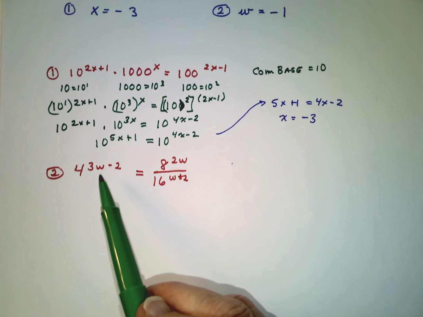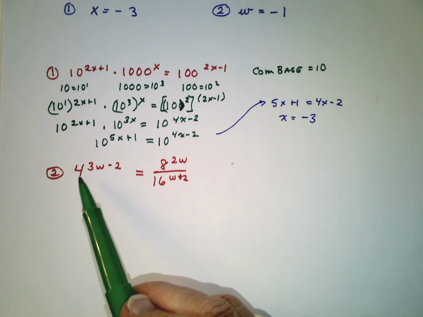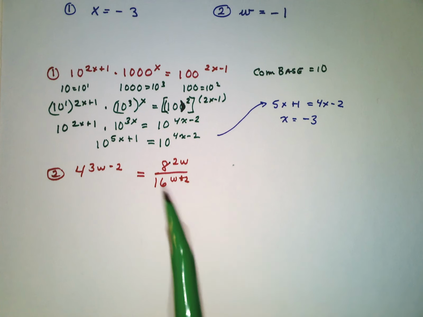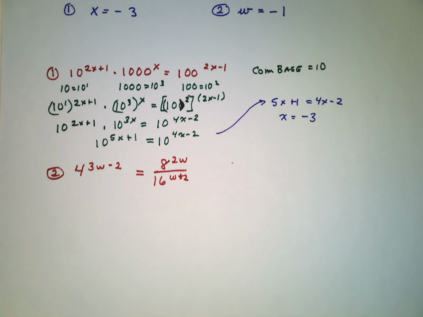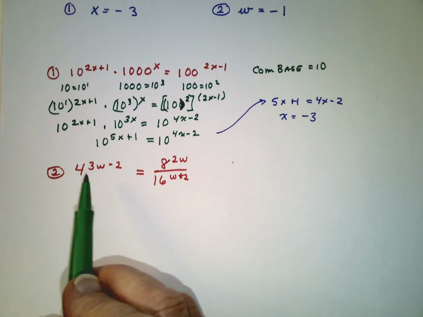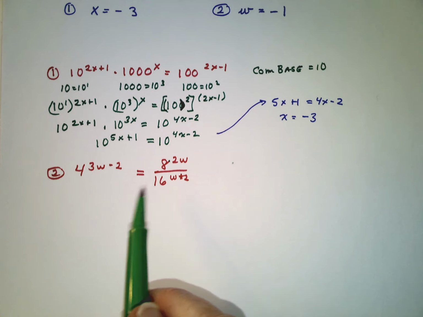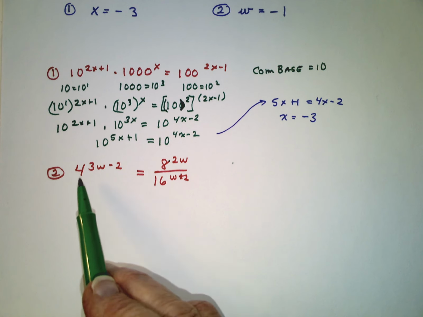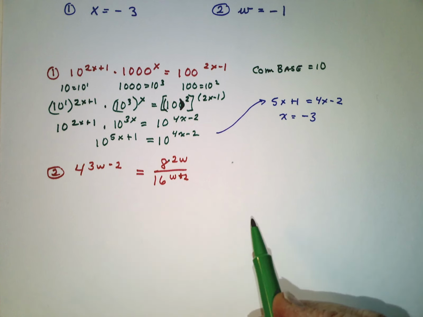Okay, on the second problem, we need a common base that'll work for 4 and 8 and 16, and it's not 4. 4 would work for 4 and 16. Unless you're willing to take fractional powers, 4 does not work for the 8.